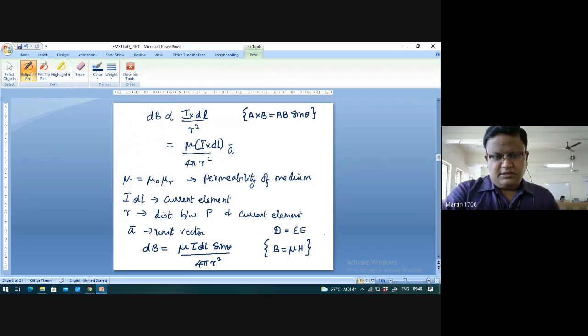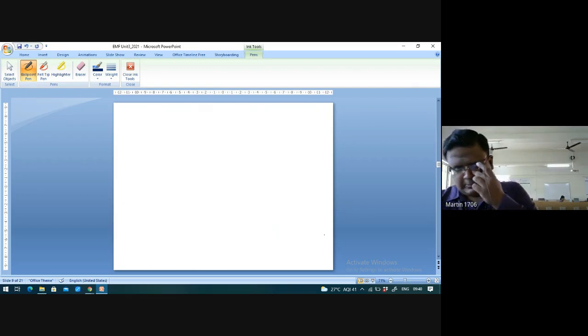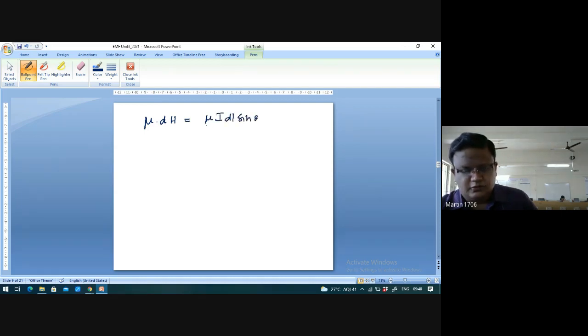So how can we relate the above expression? Instead of dB, B is nothing but mu into H, where mu is a constant. H is equal to mu IDL sine theta whole divided by 4 pi r square.